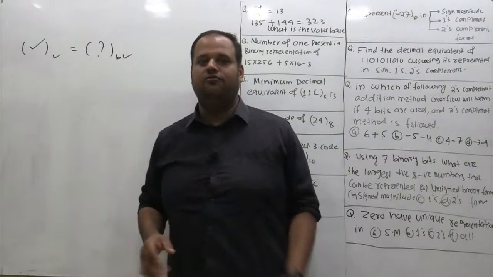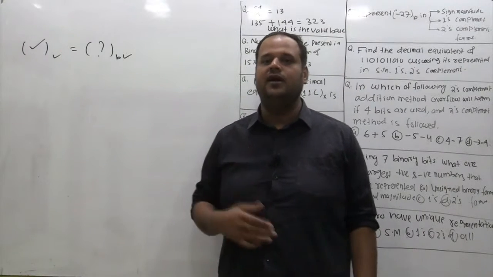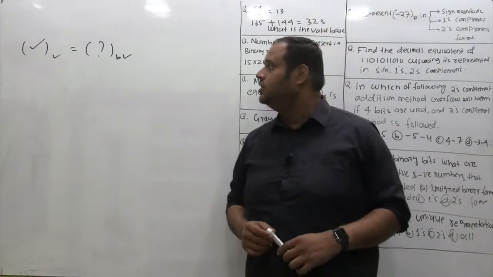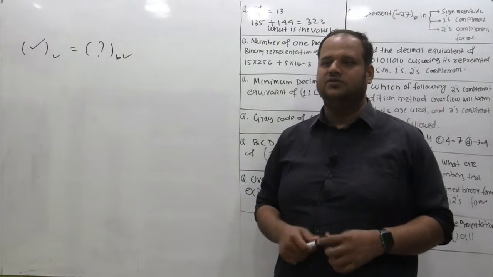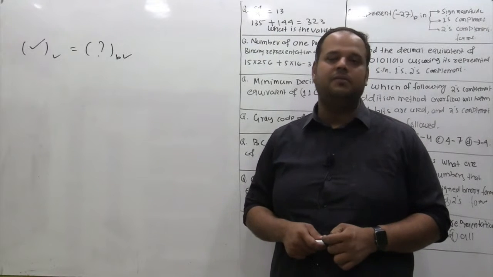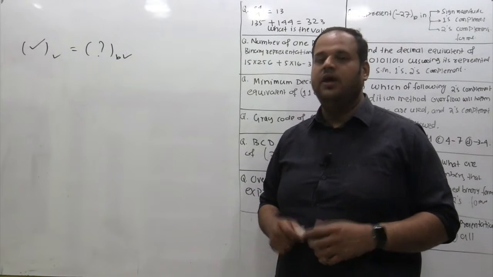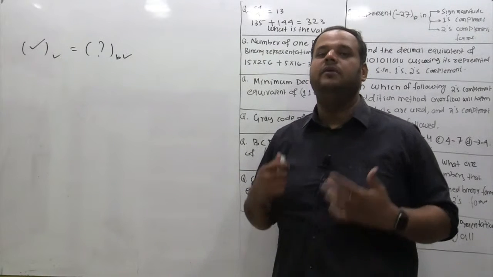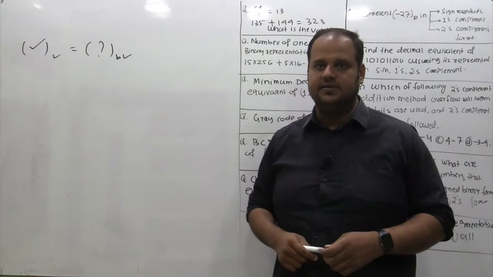But questions from these segments are relatively less. In the GATE exam, you'll find a small number of questions from these. So what kind of questions do we get from the number system topic? The majority of the questions are based on the complement methods. Why is the complement representation used? To represent negative numbers without using a negative sign.